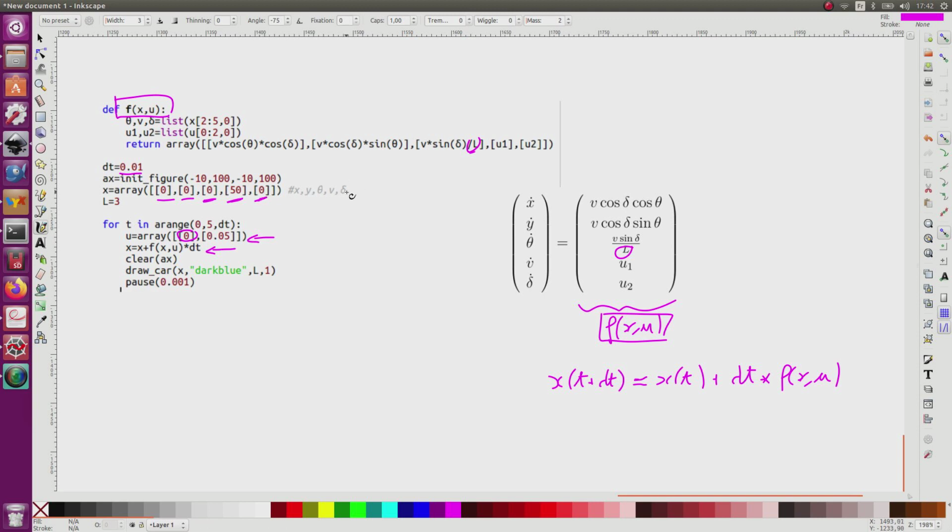And the initial angle for the wheel is delta equals 0, but after, it will change due to this one. Indeed, I turn left, and it will change the value of delta as expressed here. This one corresponds to u2, and u2 will change the last state variable, which corresponds to delta.